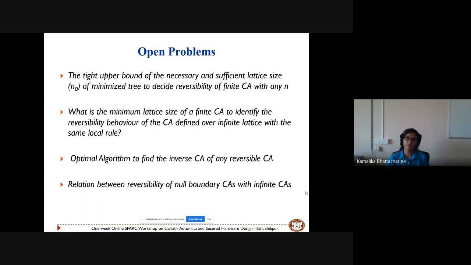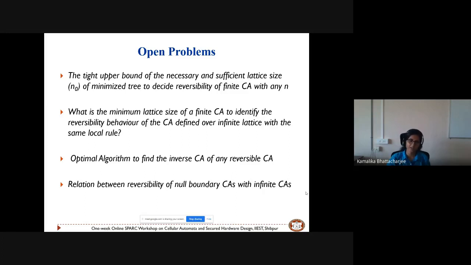So there are some open problems. For example, we still don't know the necessary and sufficient lattice size, the height of the minimized tree, that is n0, which will help you to decide reversibility of finite CA with any n, and what will be the minimum length to explore a finite CA to decide about the reversibility behavior of any infinite lattice.